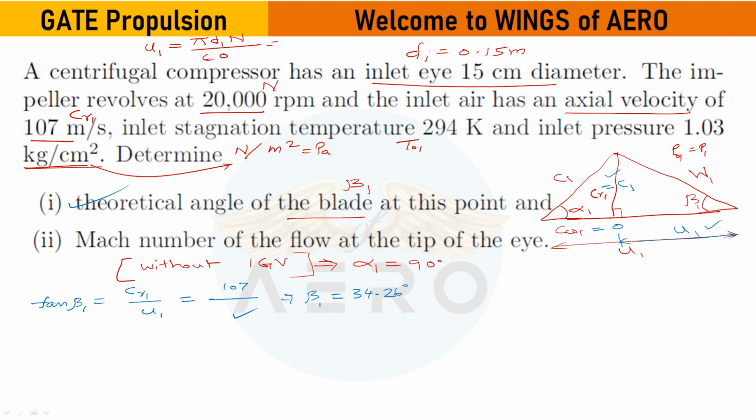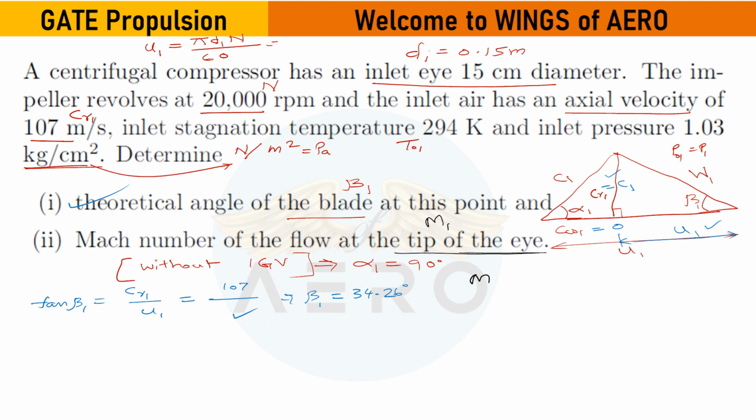Whether you have to find M1, because they are asking for a Mach number of the flow, right? So Mach number of the flow, M1 or M2, what you have to find? M1. Exactly, M1.